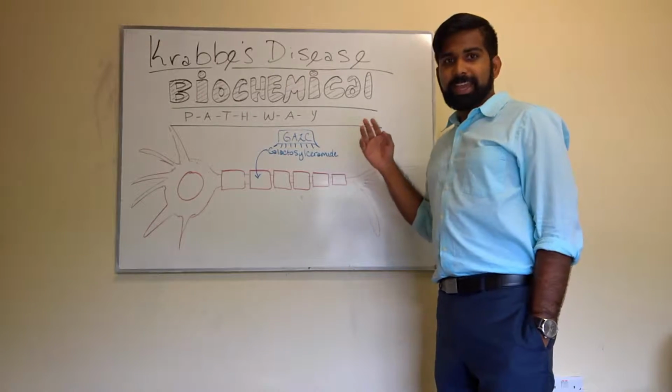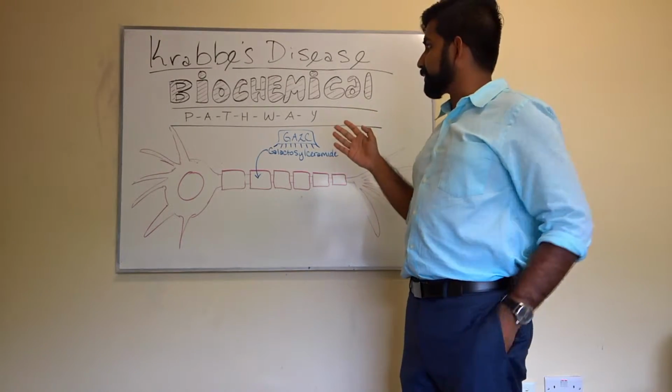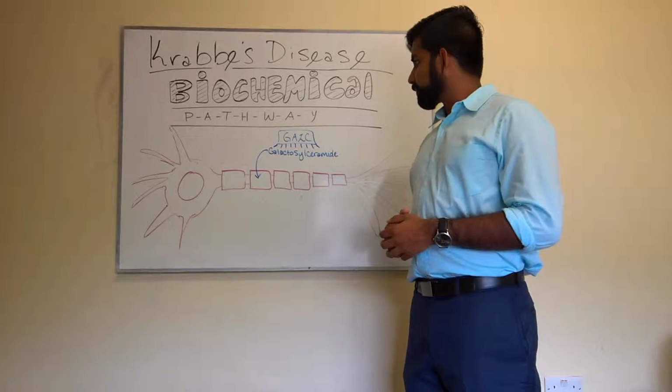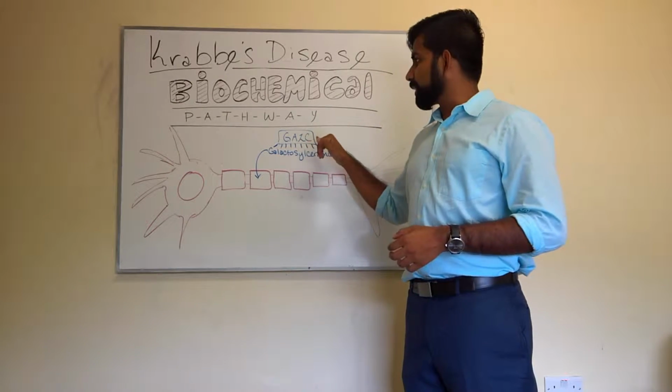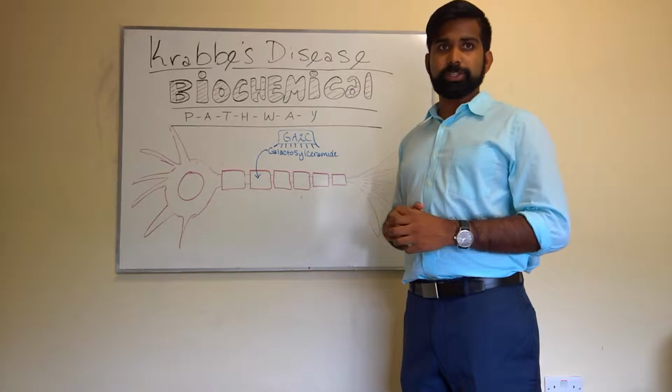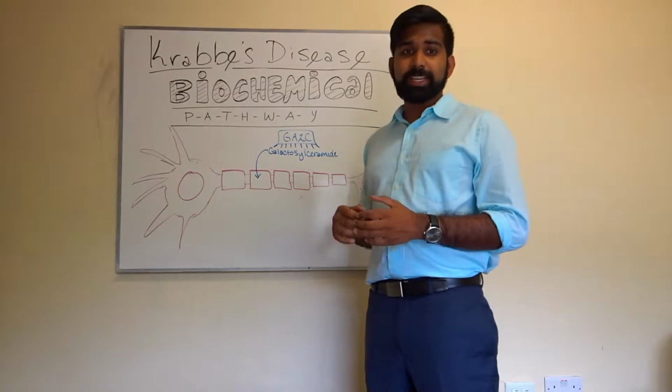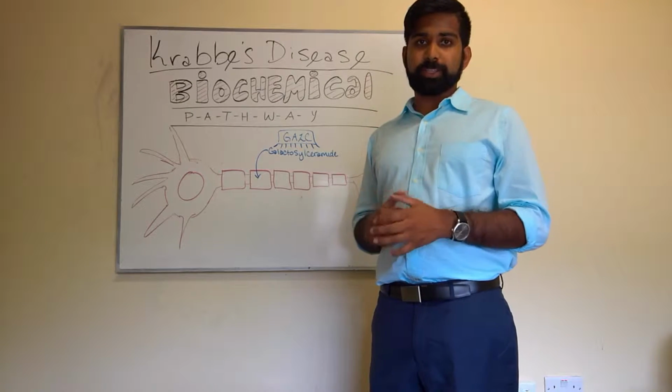So how does Krabbe's disease work in terms of its biochemical pathway? You have the GALC enzyme, which is deficient. This enzyme is actually called galactocerebrosidase.